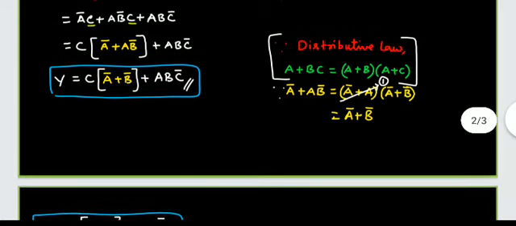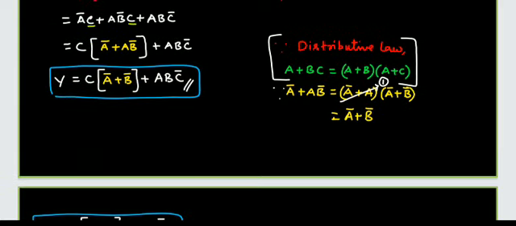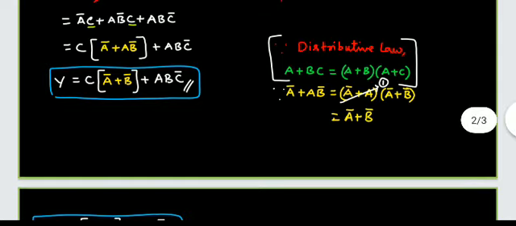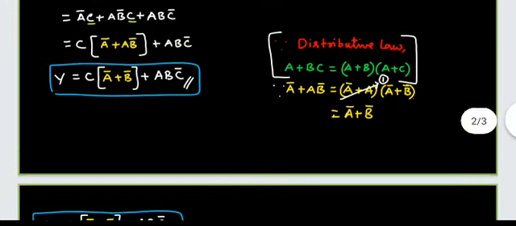Then the simplified expression is c into a bar plus b bar plus ab c bar. Further we cannot simplify this, so I stopped up to this step. Now I am going to implement the structure by using basic gates.